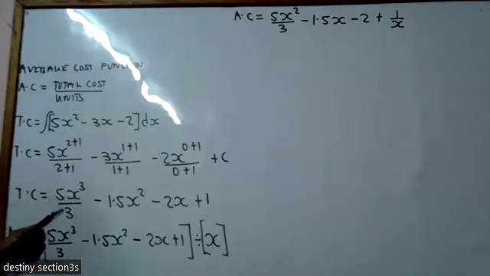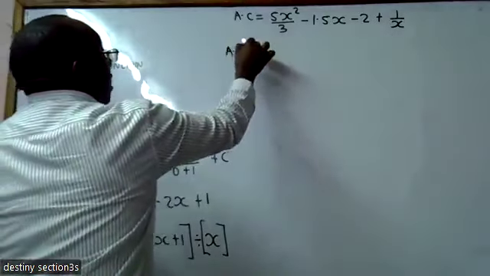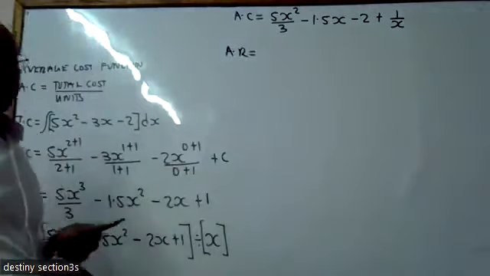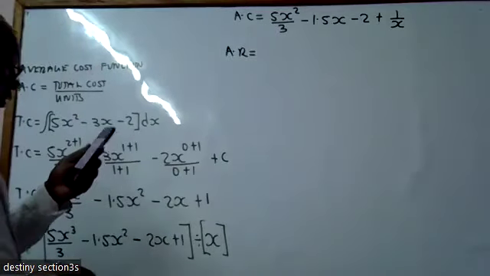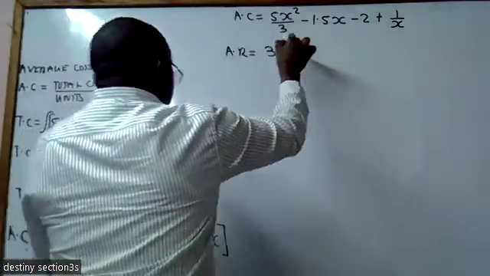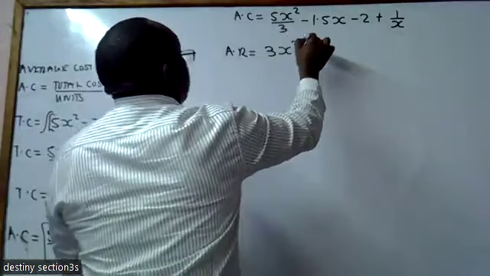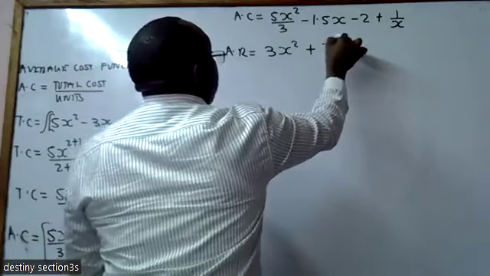So, the next one is average revenue. So average revenue, tutachukua hii total revenue, that is 3x squared plus 7x.